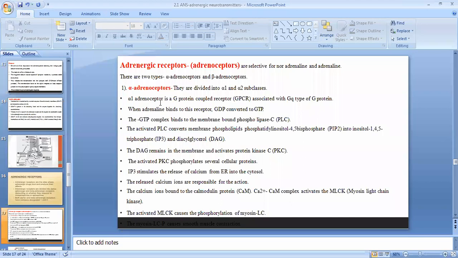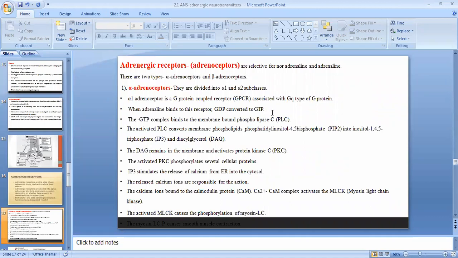Alpha 1 adrenoreceptor is a type of G protein coupled receptor which is associated with the Gq type of G protein. When adrenaline binds to this G protein coupled receptor, GDP is converted into GTP.